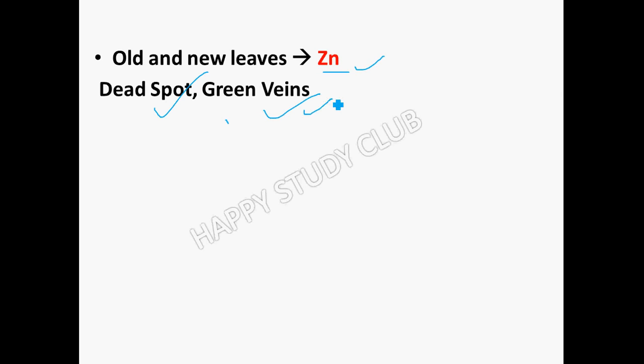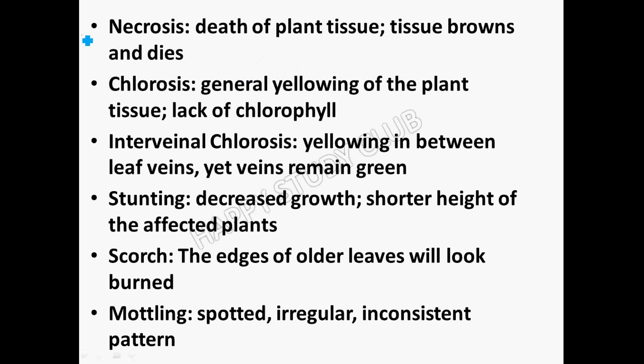Death of terminal buds occurs in the deficiency of calcium and boron.